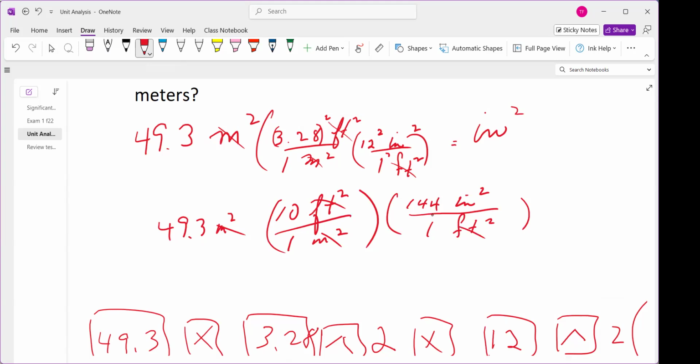So we're left with square inches. So we're looking at 49.3 times 10. Big number. Okay, so that's 3 sig figs. So this is 7.00 times 10 to the 4th.